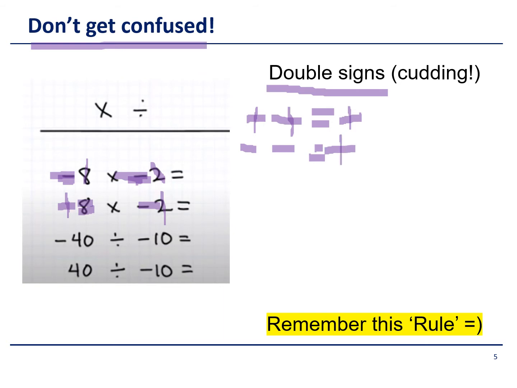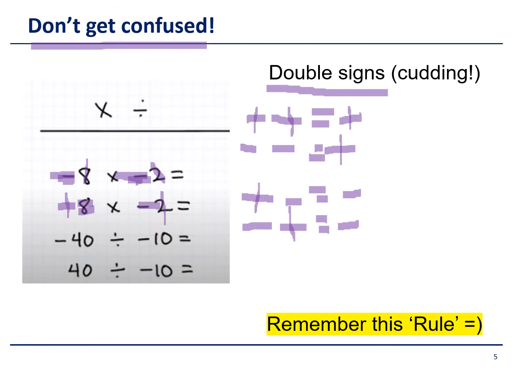So when you have the two symbols the same in a calculation, depending on where they are, it equals a plus, okay? And I'll get onto that in a minute. But quickly, when you have a plus and a negative, that equals a negative answer. And when you have a negative and a plus, the opposite way around, same thing, you have, again, a negative answer.